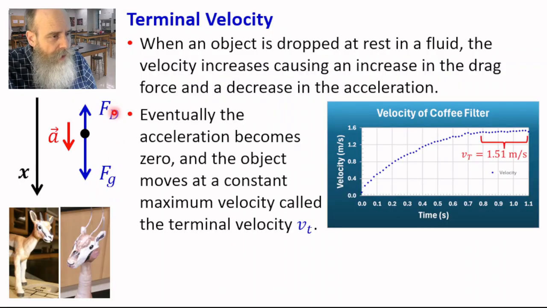Eventually, the drag force equals the force of gravity, and the acceleration is 0, because the net force is 0. And when that happens, the object moves at constant velocity, and that maximum constant velocity is called the terminal velocity, Vt. And here's our graph of velocity versus time for the coffee filter, and it reached a maximum final velocity of 1.51 meters per second.